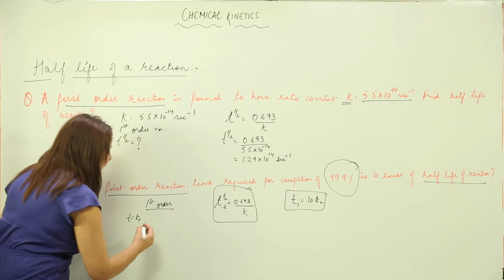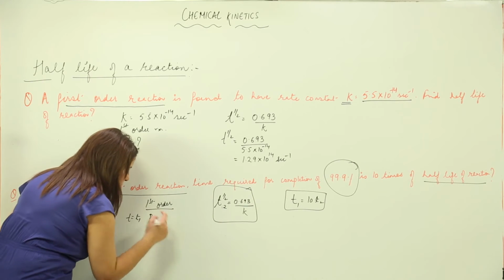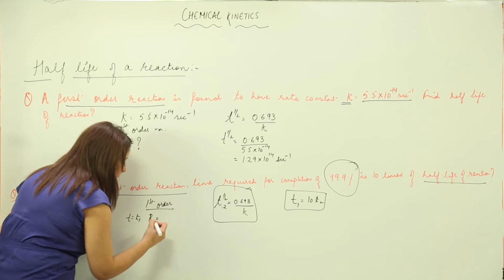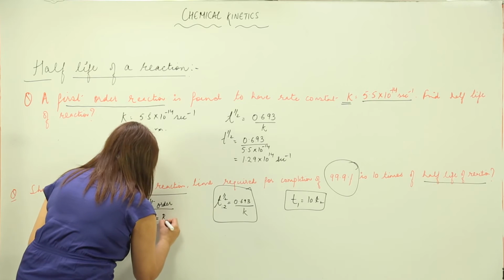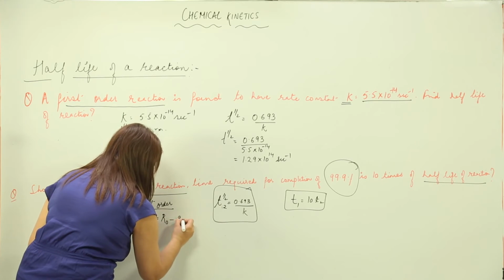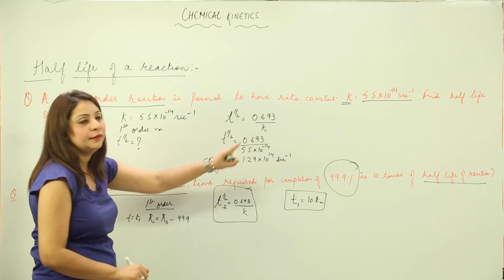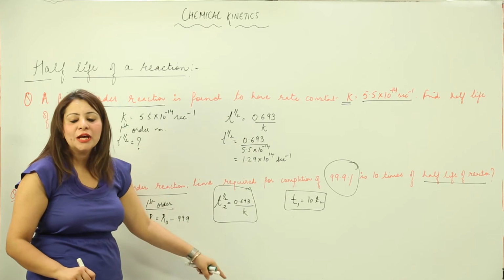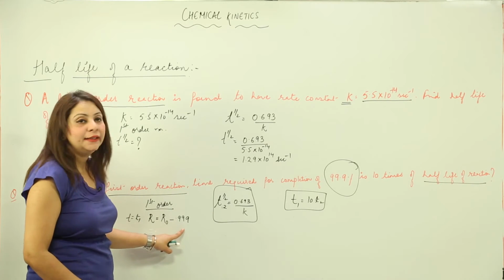So what we are going to write, suppose the initial concentration is R naught, and R is the concentration after time, that is R naught minus 0.999, because it is 99.9%. If I remove the percentage sign and shift the decimal, I get 0.999.